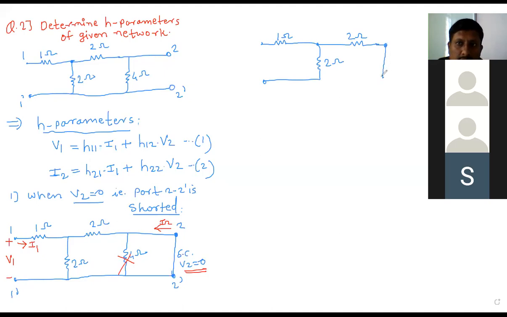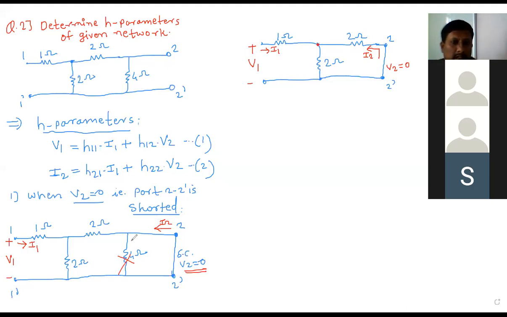Here we are going to short out this 2 dash. This will be V1, this will be the current I1, this is I2, V2 equal to 0.